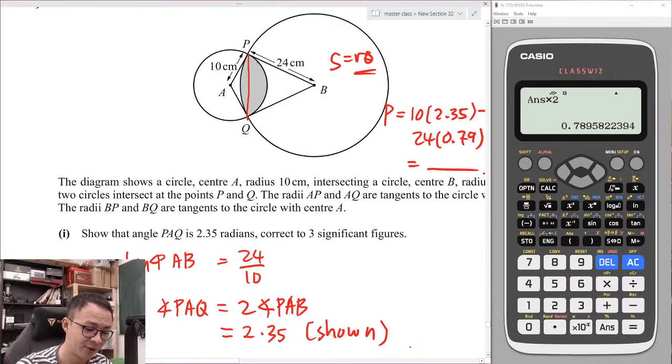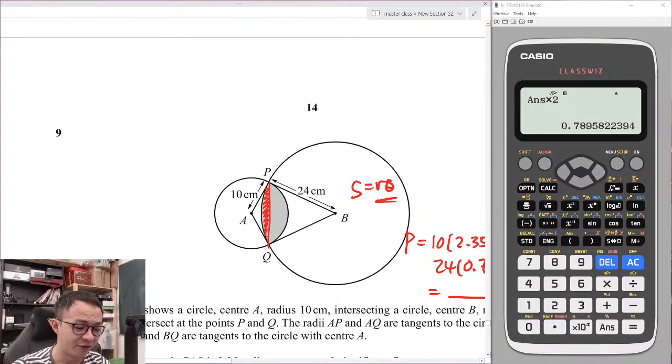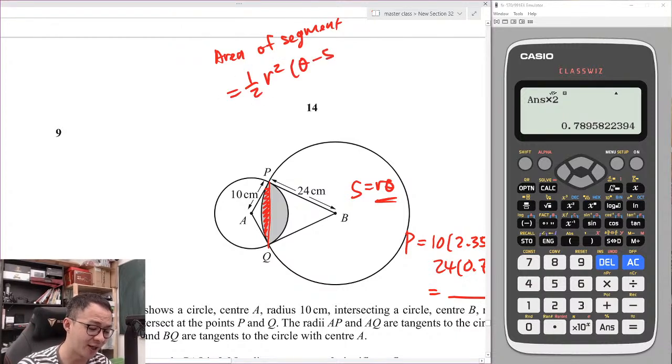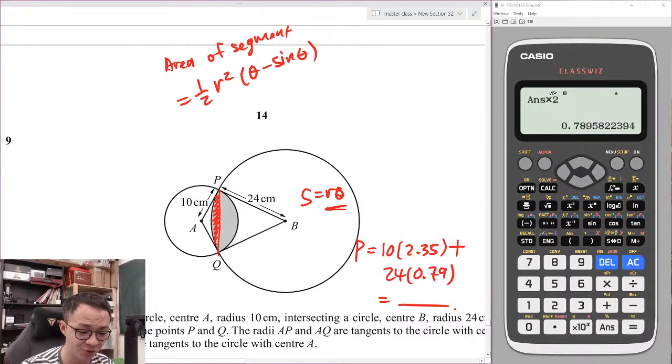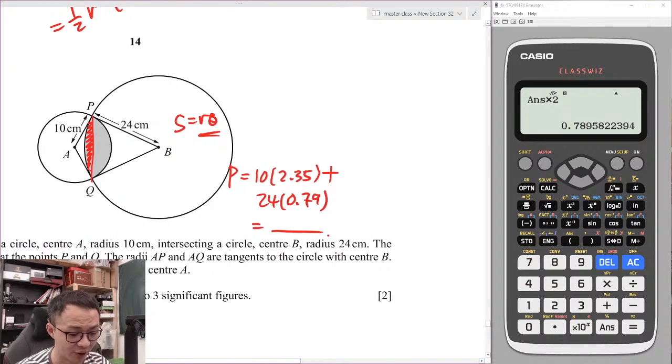This one will be the area of segment for this sector, and then you have the area of segment for another sector. So you need to add both areas of segment. The formula for area of segment is half r squared, theta minus sine theta. I will just straight away do here because I understand what's going on.